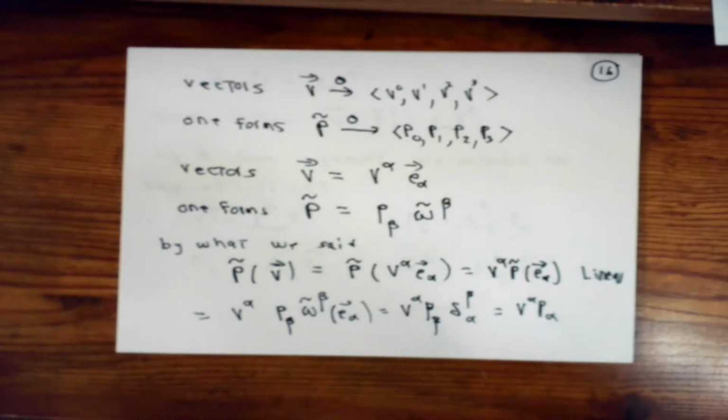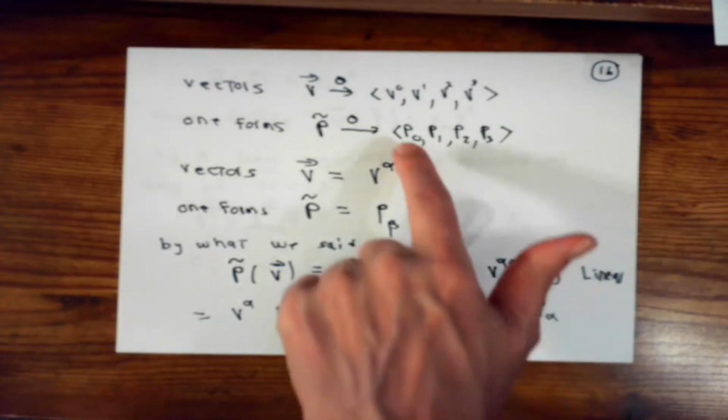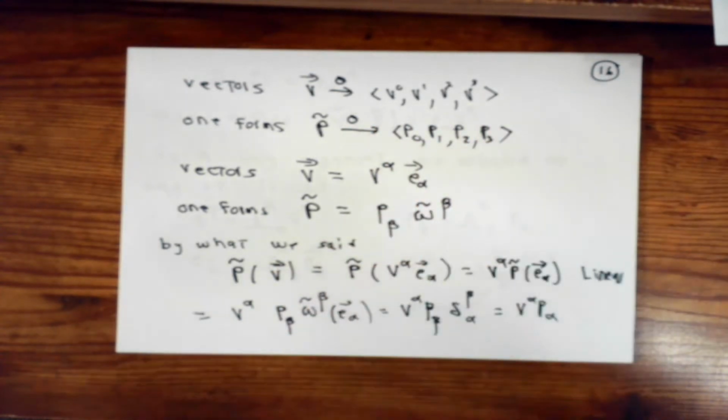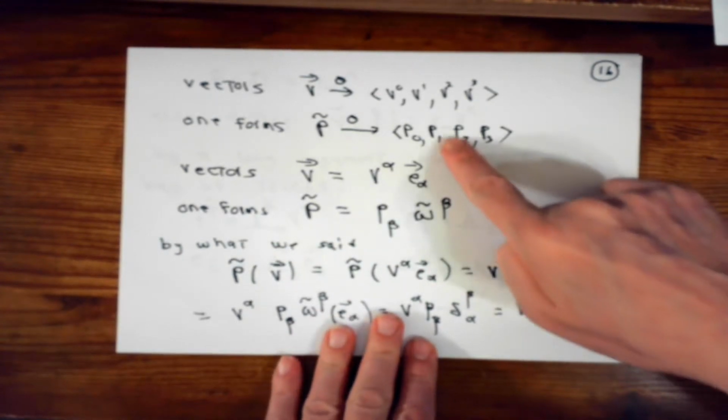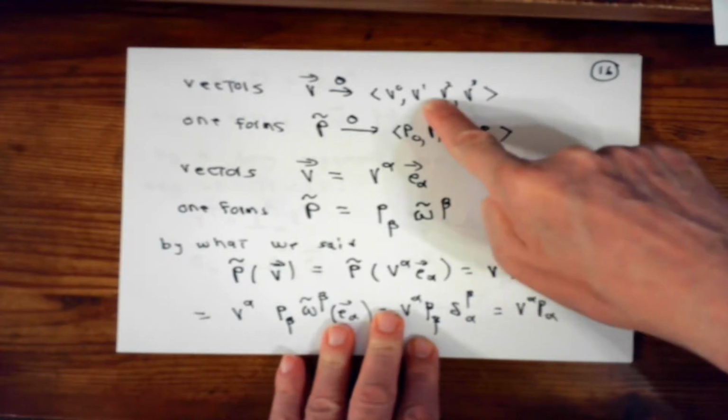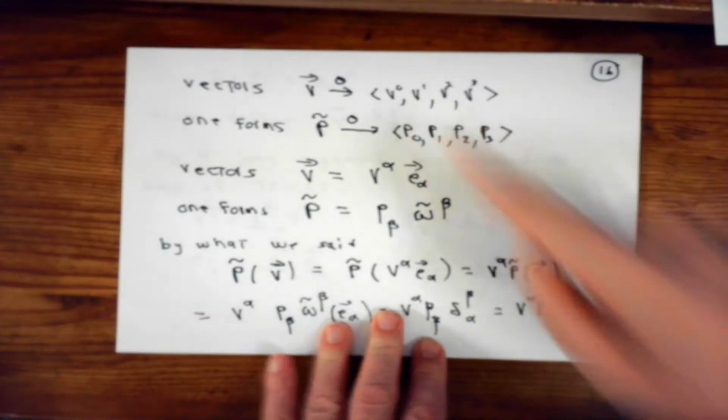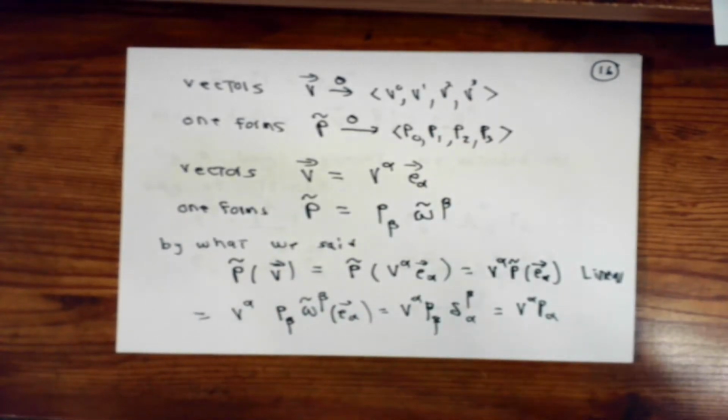In textbooks, people often write vector v as measured in O, or one form p as measured by O, as the list of the components. This is a terrible thing because it makes it look like this and that are basically the same kind of thing, but they're not.